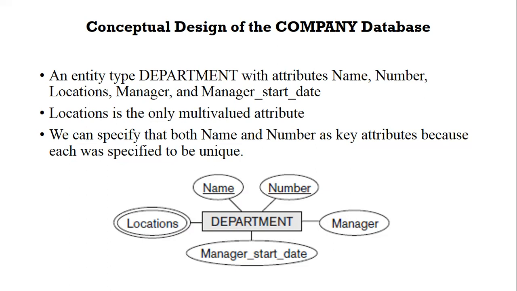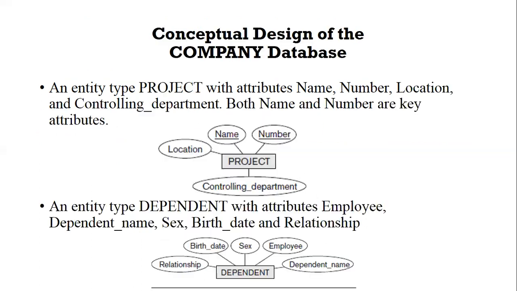It can have more than one value. That's why it is marked as a multi-valued attribute. We can specify both name and number as key attributes because each is specified to be unique. The name will be unique and the number will be unique. When comparing the name and number, which one will be more unique? Number will be unique. But according to this company database, at present, both the name and number will be unique.